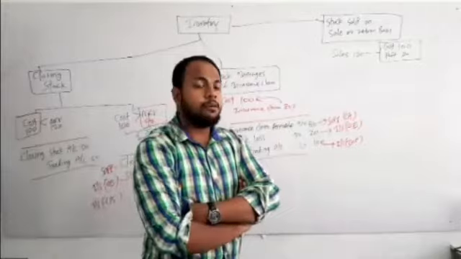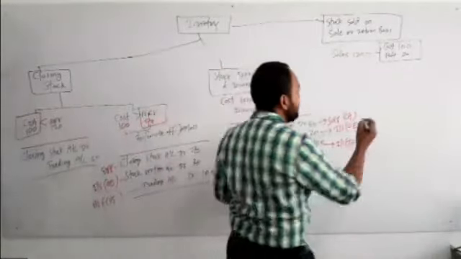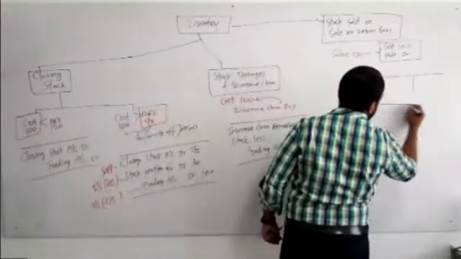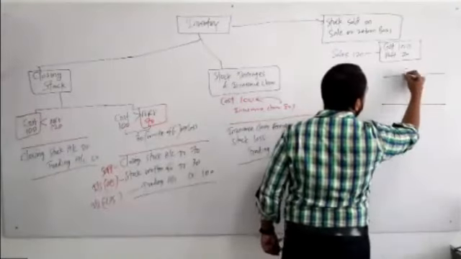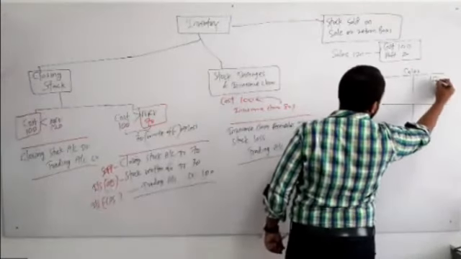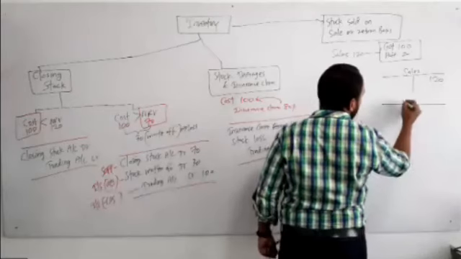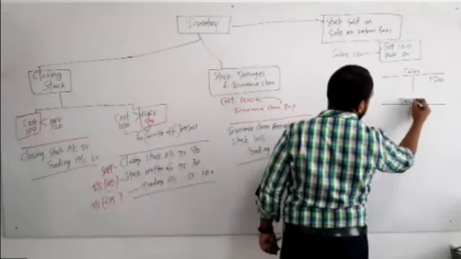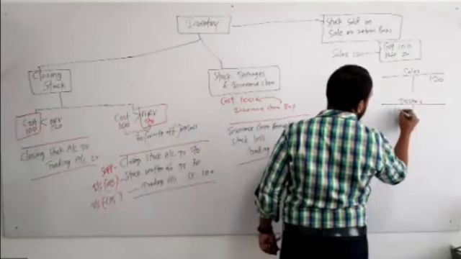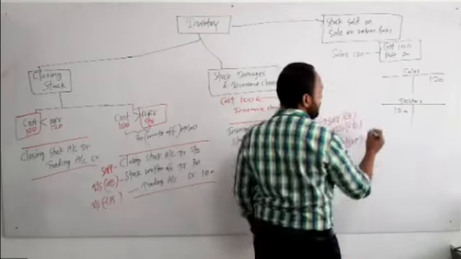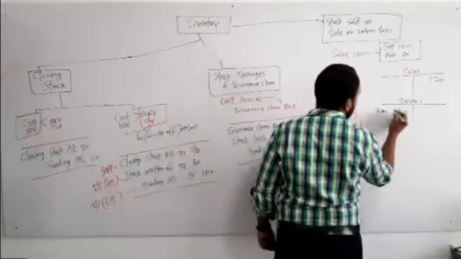So if we are recording the sales 120, what is the double entry? Double entry will be sales account credit 120 and the debtors account debit 120. That's the double entry for recording the sales.